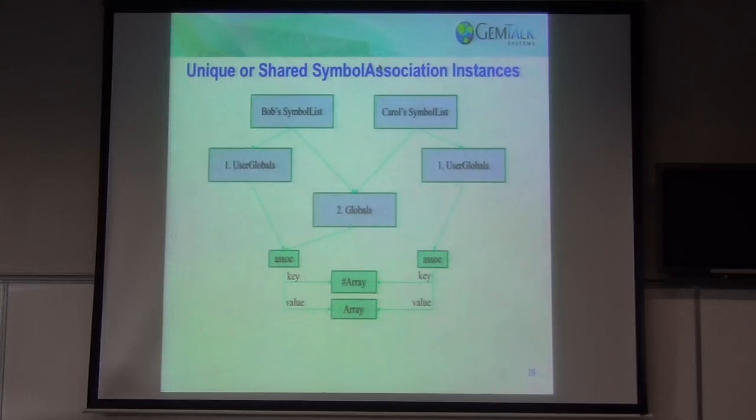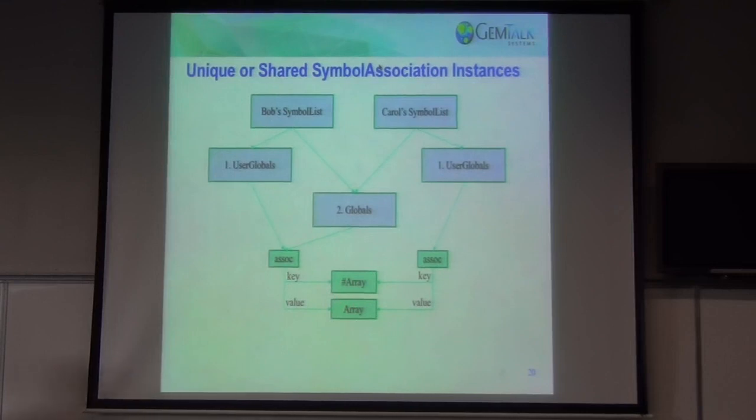Within this environment, each dictionary is again a collection of associations. The associations have keys and values. Two symbol dictionaries can hold the same association. Another dictionary could hold a different association that has the same key and the same value.